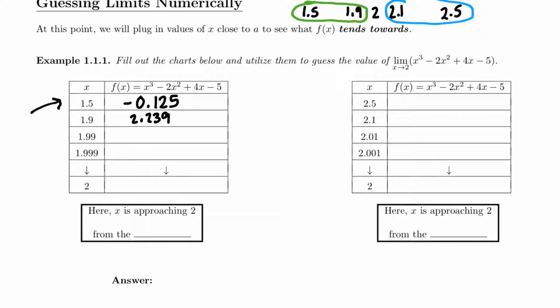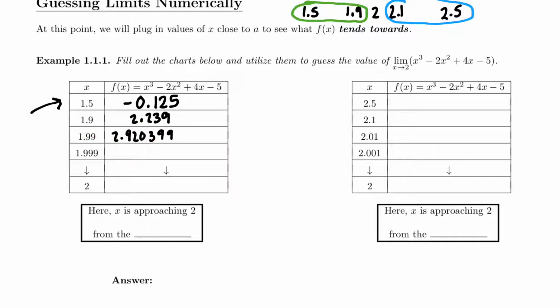I'm going to do the same thing with 1.99 on my calculator, and the number I get is 2.920399. All right, so as I'm getting closer to 2, this doesn't tell us very much, but we went to 1.9, now it's 2.2, 1.99, now it's 2.9.